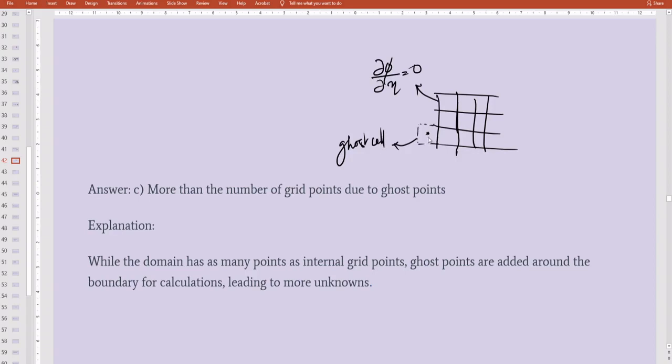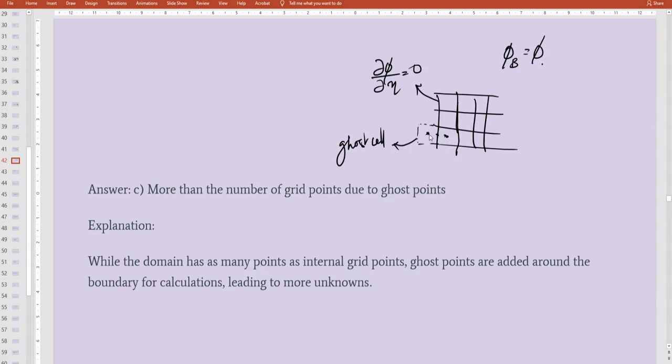Why we need a ghost cell is that when we try to apply the central difference scheme, we need one more point, and here we don't have that value. What the Neumann condition is actually giving is that phi at the boundary has no change, so phi at the boundary is equal to the next value.